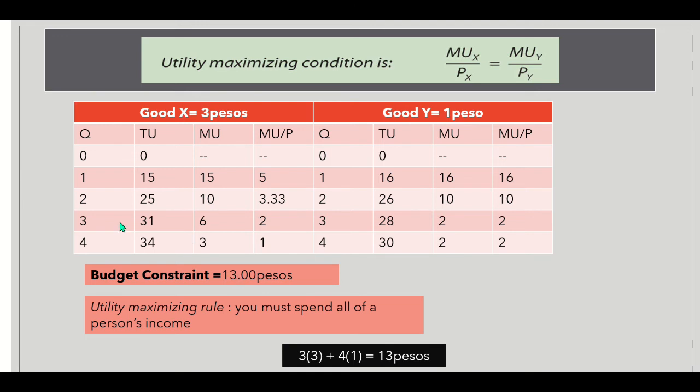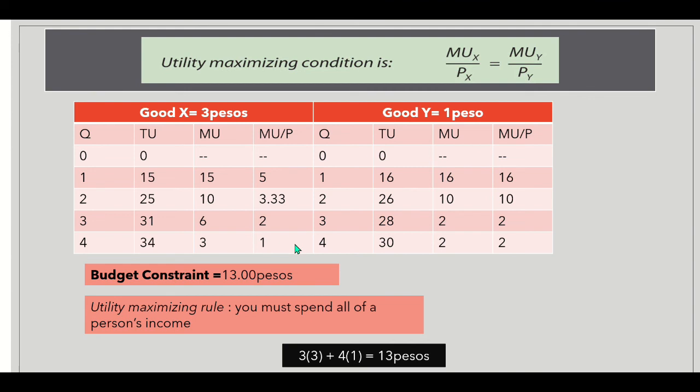Now, if I buy 3 units of good X at 3 pesos, 3 times 3 is 9. And if I buy 4 units of good Y at 1 peso, that is 4 pesos. So 9 plus 4 is 13. So 9 pesos from good X with 3 units and 4 pesos from good Y with 4 units equals 13.